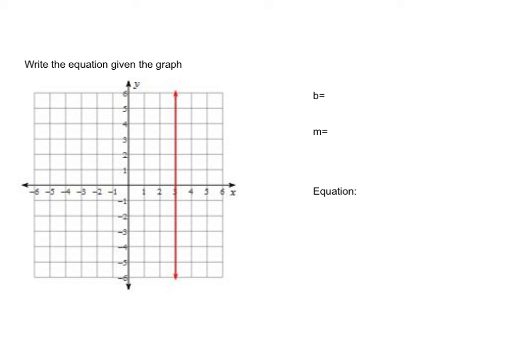This is another special case because here this vertical line has a slope that is undefined and the y-intercept doesn't exist. So because you do not have a y-intercept or a slope, I cannot write an equation in slope-intercept form.